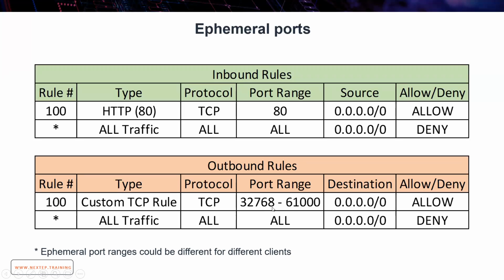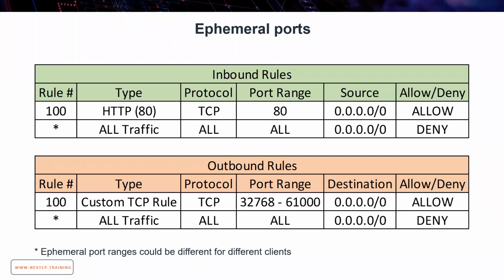And then here you gave some port range here, 32,768 to 61,000. Okay. And this is one range. So this is one typical range that kind of covers the majority of your Windows and Unix, Linux ephemeral ports. So you are opening up the port range for everyone to write the response back to those client machines.